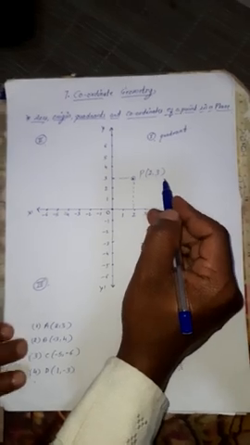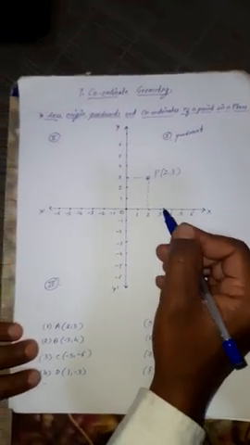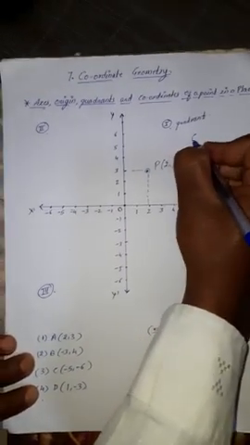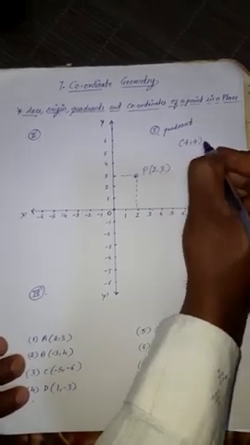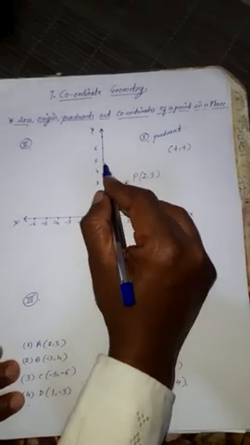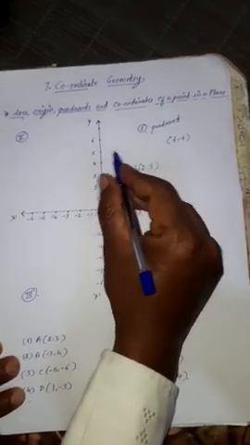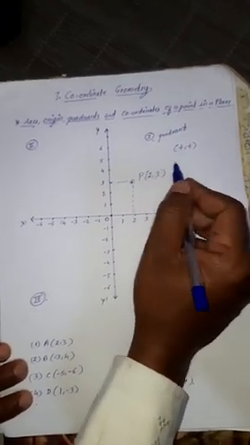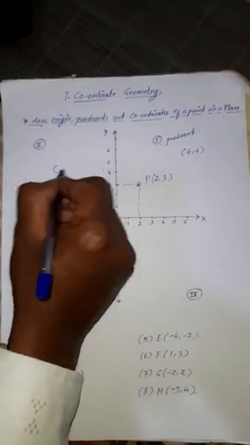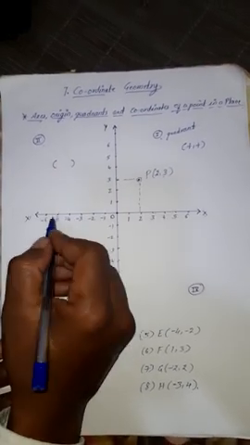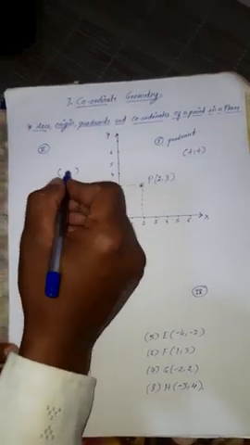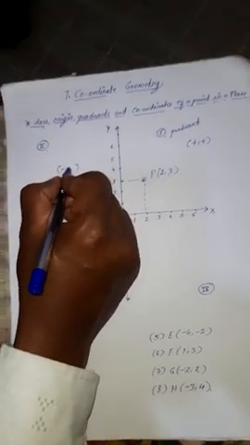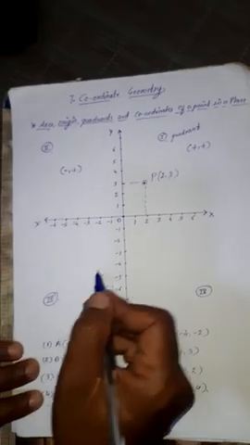Now before studying in detail, let me tell you, in the first quadrant both x and y are always positive. In the second quadrant, x is negative and y is positive.